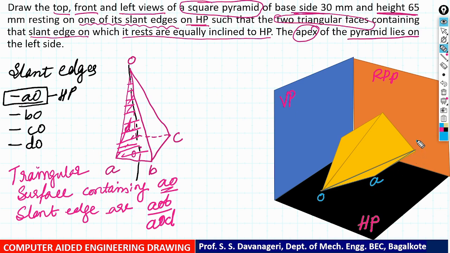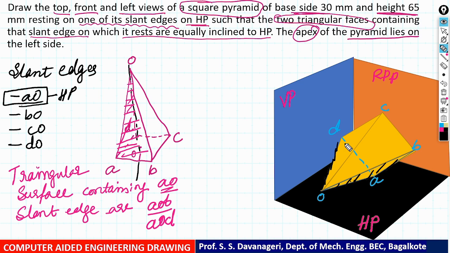Mark the base points A, B, C and D. The triangular surface containing this slant edge is AOB, and on the other side, hidden, is AOD.